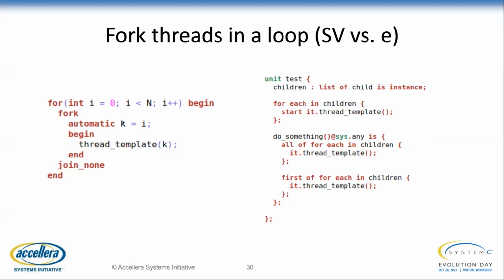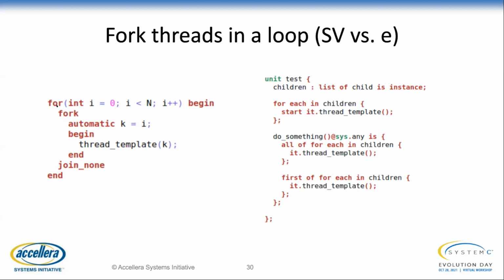Inside the fork, you usually want to use the value of the loop variable, and in SystemVerilog you have to copy that value into a local automatic variable and pass that to the threads that you are forking, because otherwise if you pass i directly, there are going to be some race conditions and it will not work.